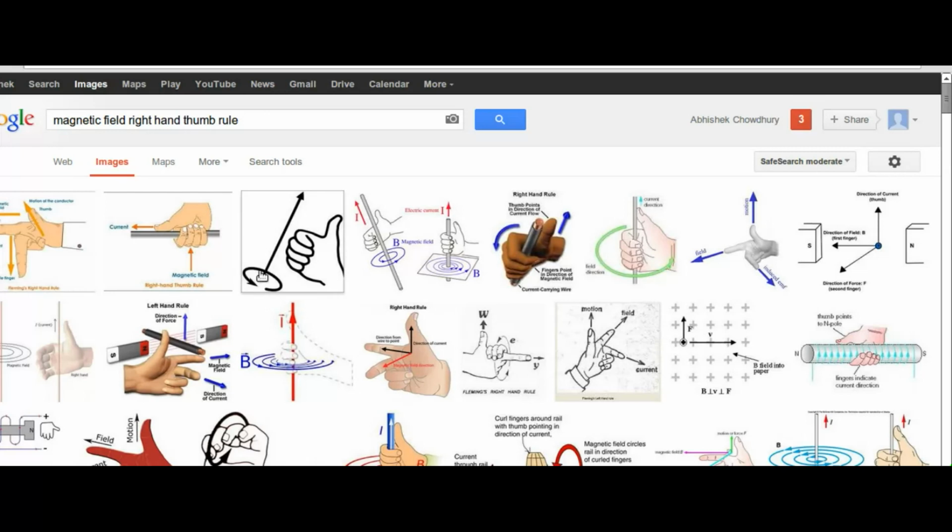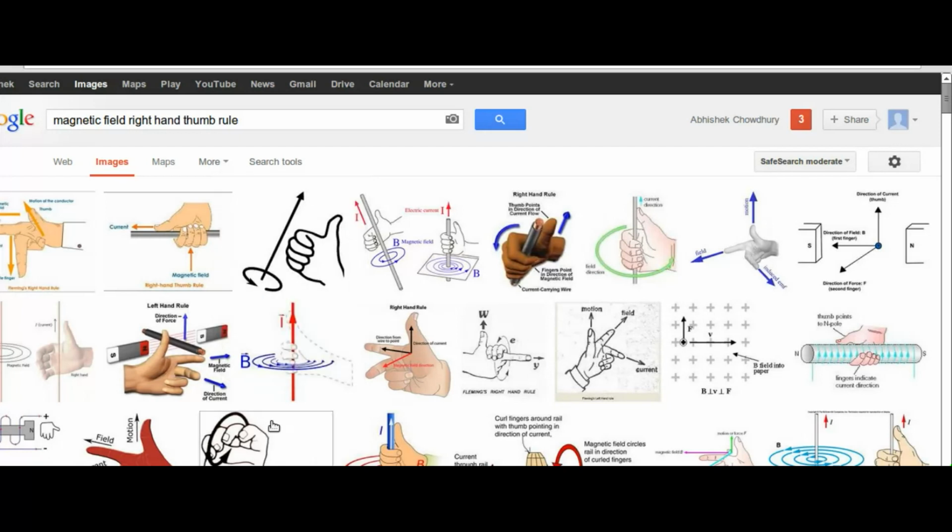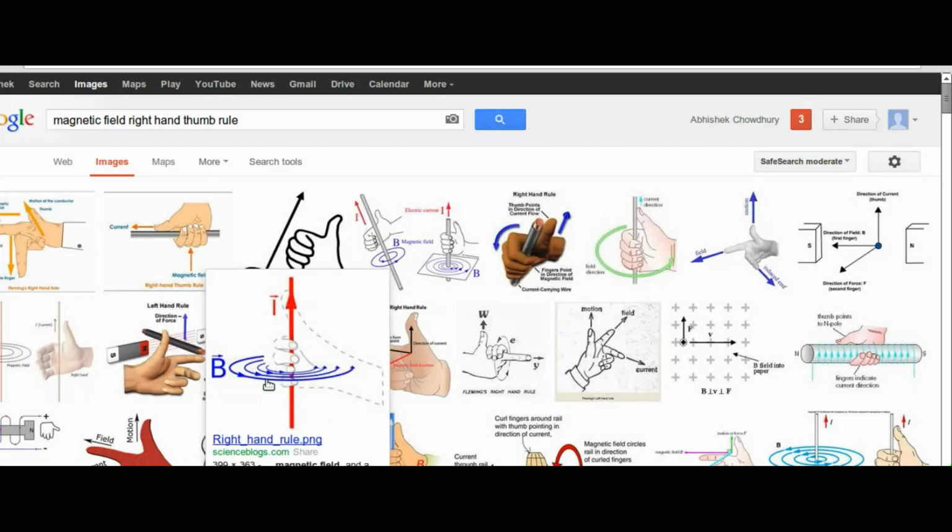So the magnetic field around the wire will be in anti-clockwise direction. To the right of my wire, the magnetic field lines are going inside.